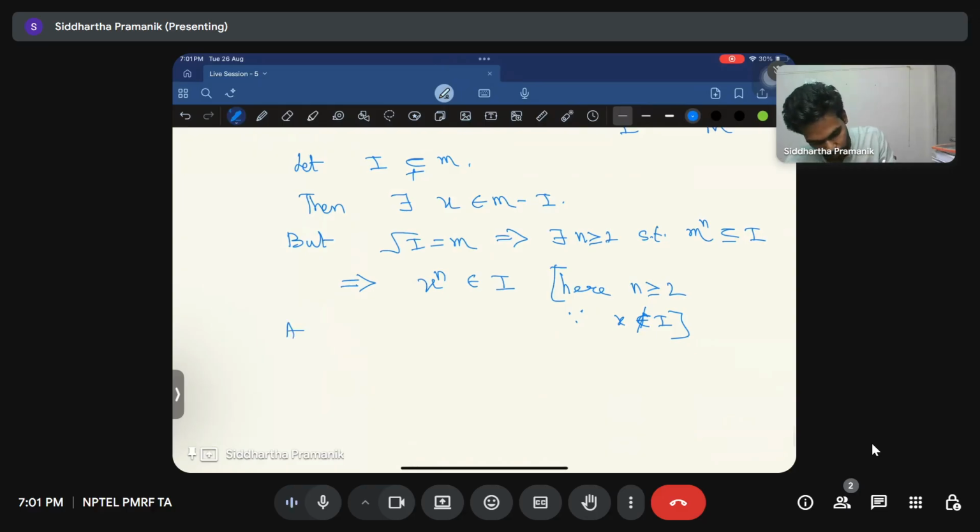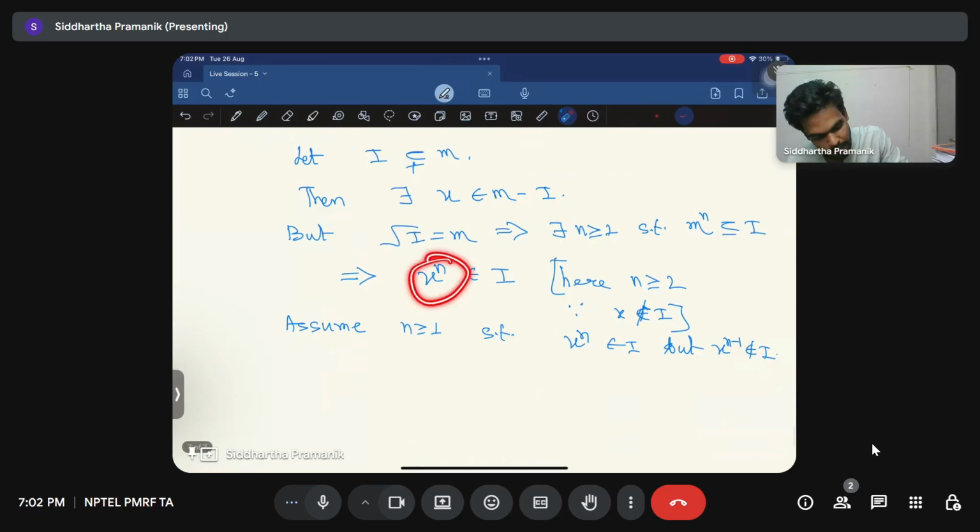So assume n greater than or equal to 1 such that x power n is in I, but x power n minus 1 is not in I. So we are taking the smallest possible n such that x power n is in I.